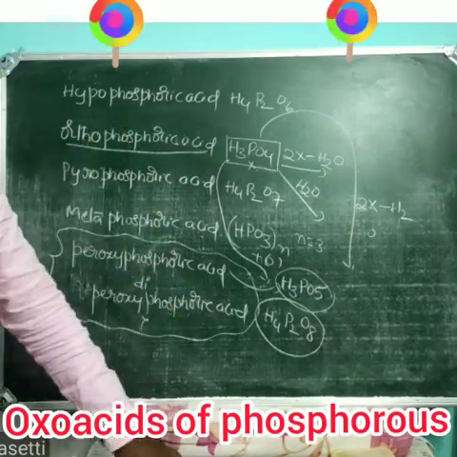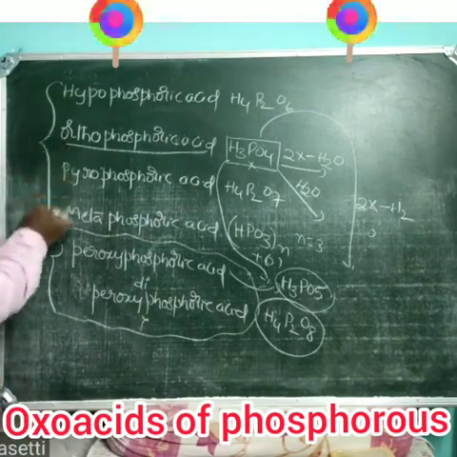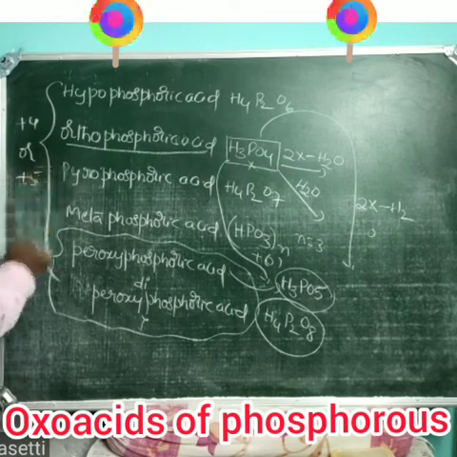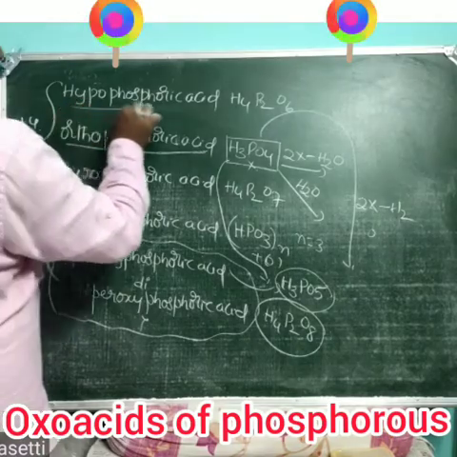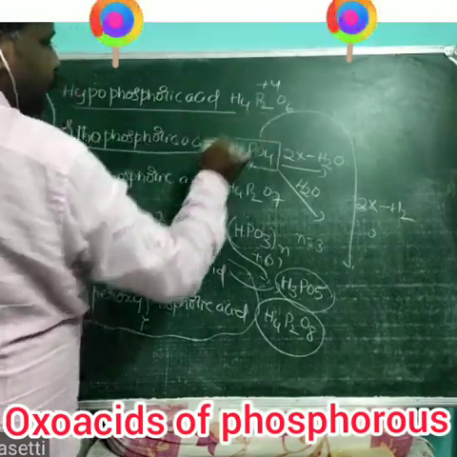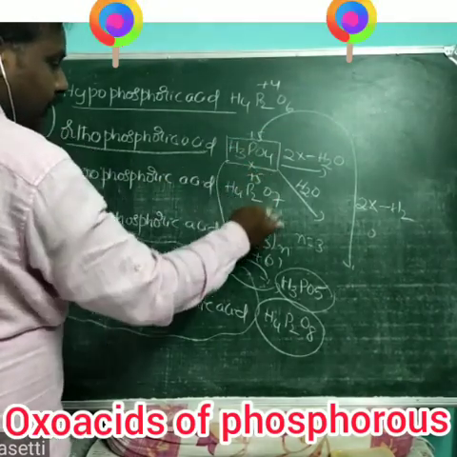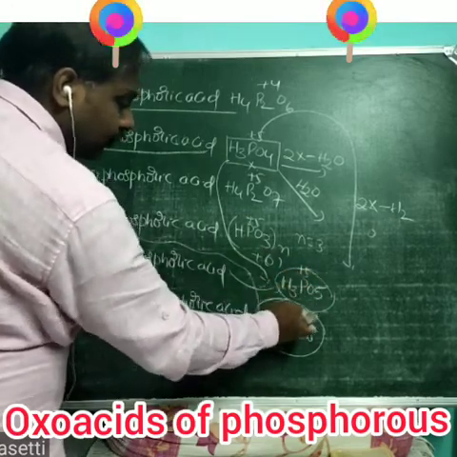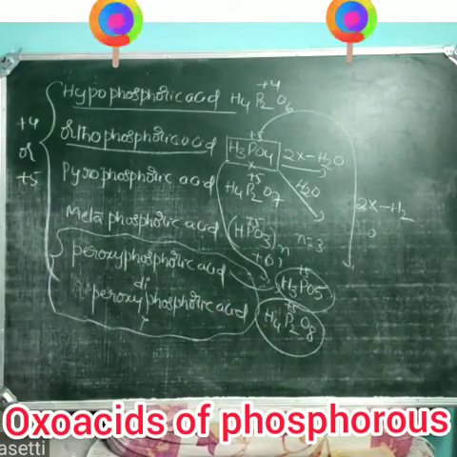These are all ic acids. In ic acids, the oxidation state is +4 or +5. Remember, in hypophosphoric acid, oxidation state is +4. And in all remaining cases, oxidation state is +5. You can calculate. In these cases, peroxy bonds are there.